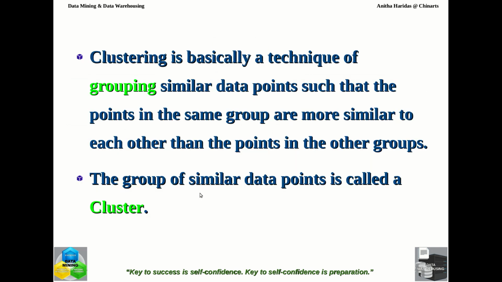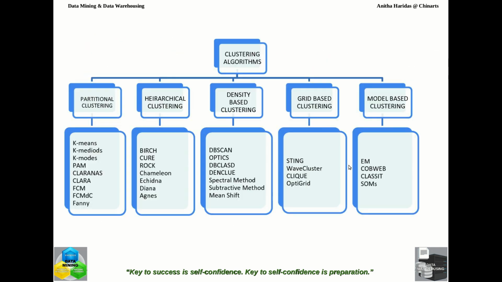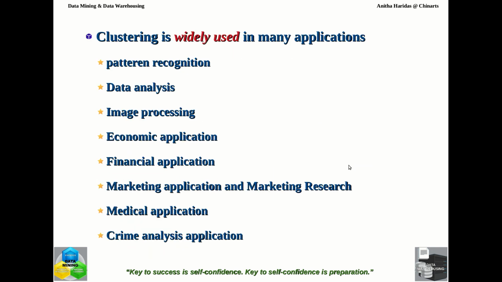Now all of us know that clustering is basically a technique of grouping similar data points. So this is very important, grouping the similar data points such that the points in the same group are more similar to each other than the points in the other groups. So that is what we have seen in the clustering. What is clustering we have discussed.